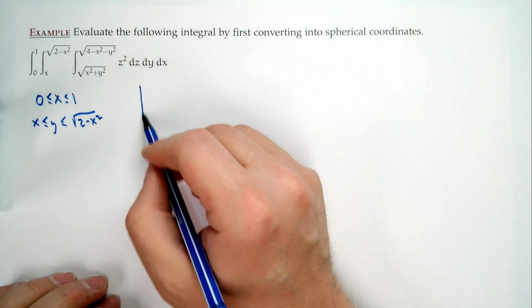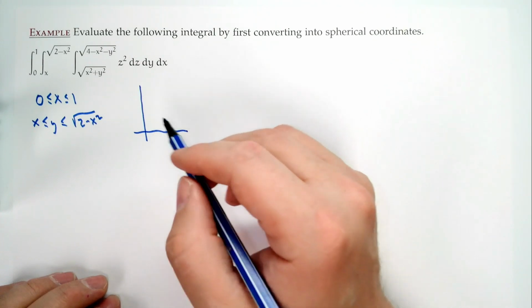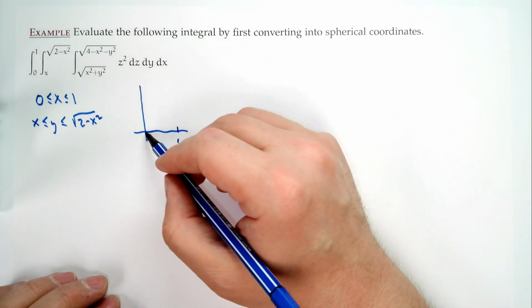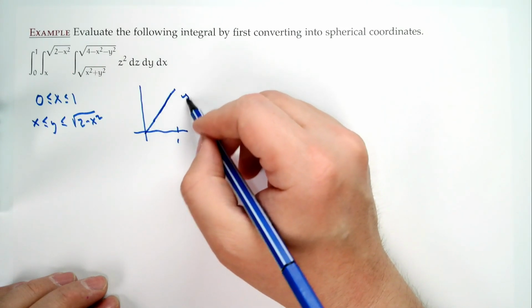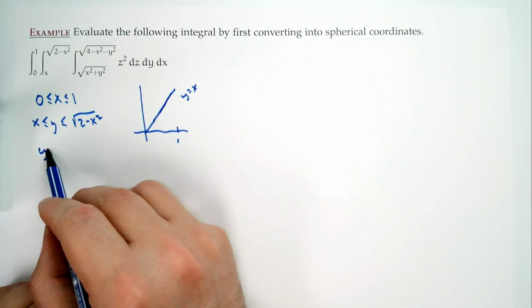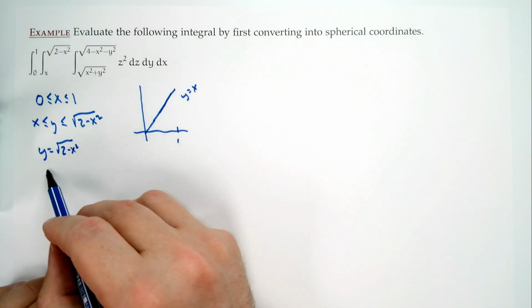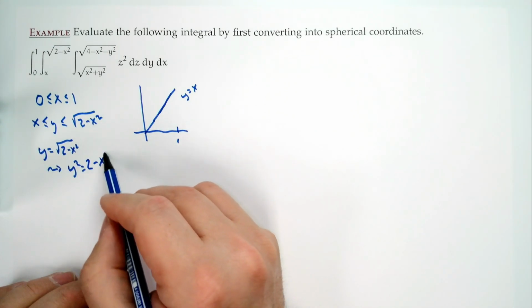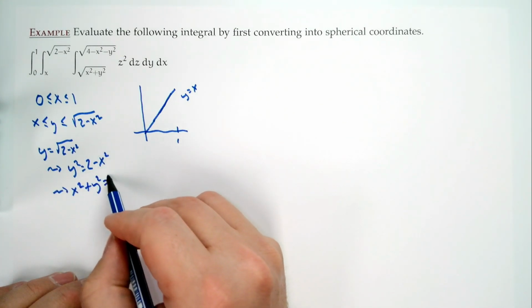So if I'm in the xy plane, going from 0 to 1, there's 1, and I'm going from y equals x, here's the line y equals x, and then I have this curve. Well, let's look at that curve, y equals the square root of 2 minus x squared. That's the same as, of course, y squared equals 2 minus x squared, or x squared plus y squared equals 2.